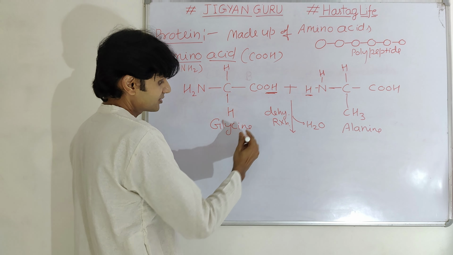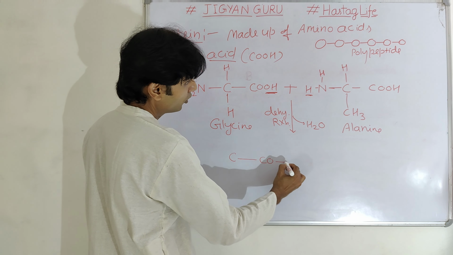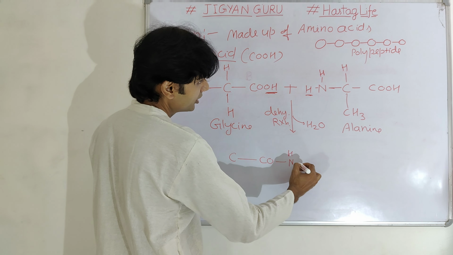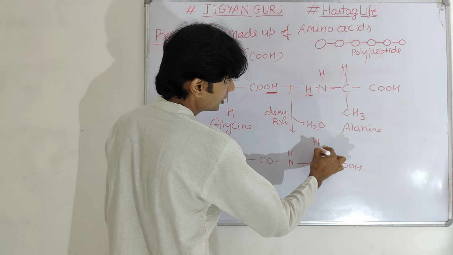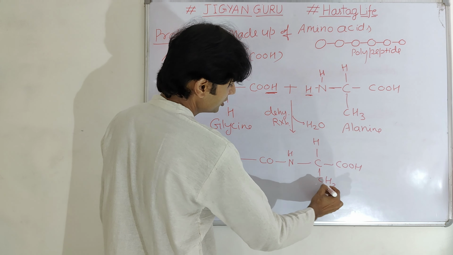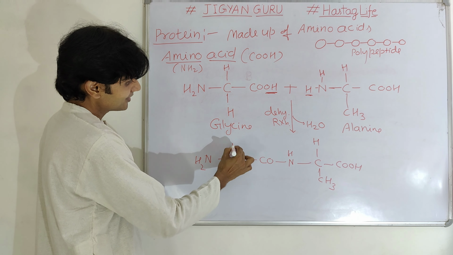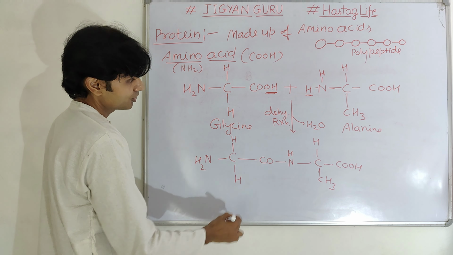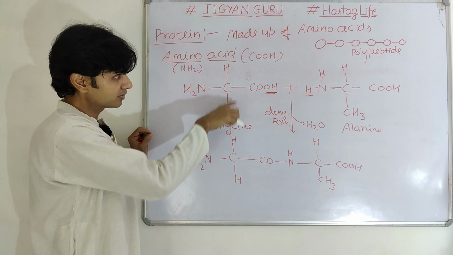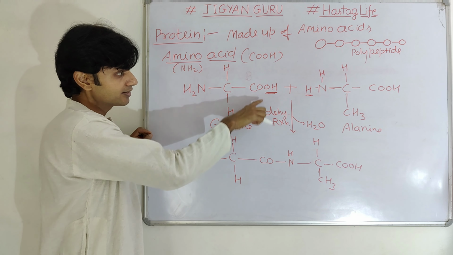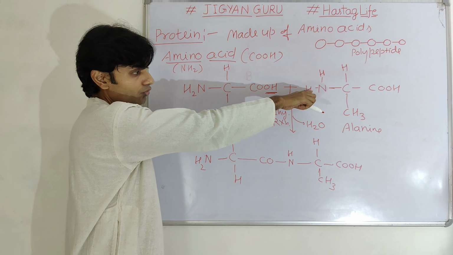So after this, we can rewrite it like this: it is CO and it is an H and it is COOH, this is H and this is CH3, this is NH2, this is H, and this is H. Now remember, this is NH2, this is carbon, this is H, we have placed it, and this is CO that is left remaining because OH is removed in the form of water along with this hydrogen.